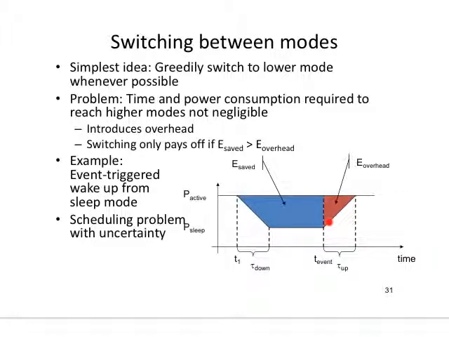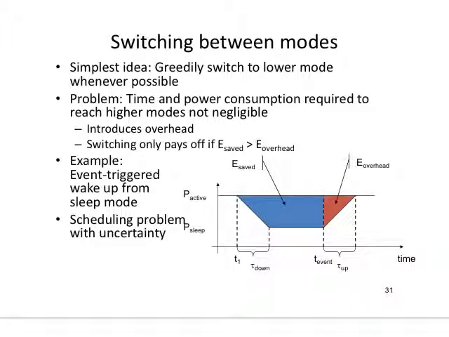In that case, you need to calculate the energy saved and the energy wasted, and by making this greater than this, you can get the condition on tau up that allows you to decide whether you will go to sleep or not.